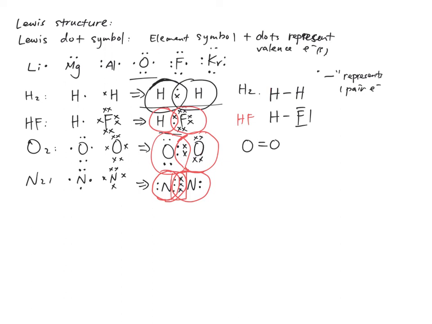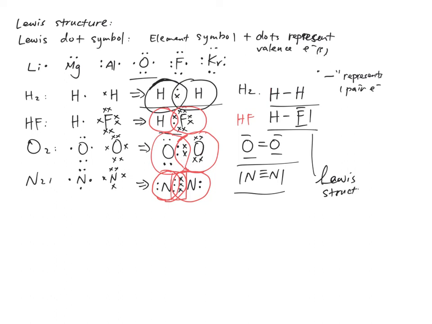And then how do you do O2? 2 pairs of electrons shared. There you go. What about N2? 3 pairs shared. And once you use these dashes to replace all the different dots, we call these structures the Lewis structure of molecules.